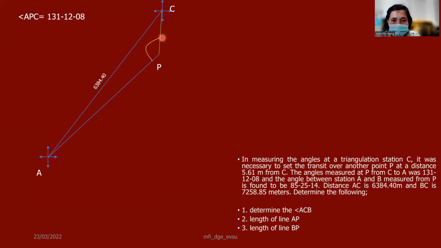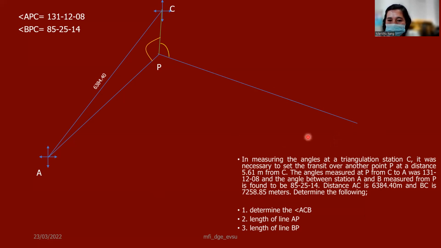So let's measure 85 degrees here. Let's say that's 85 degrees, and then that is 85 degrees, 25 minutes, and 14 seconds. And along here is the location of your point P. But we have a given of 7,258.85 meters.